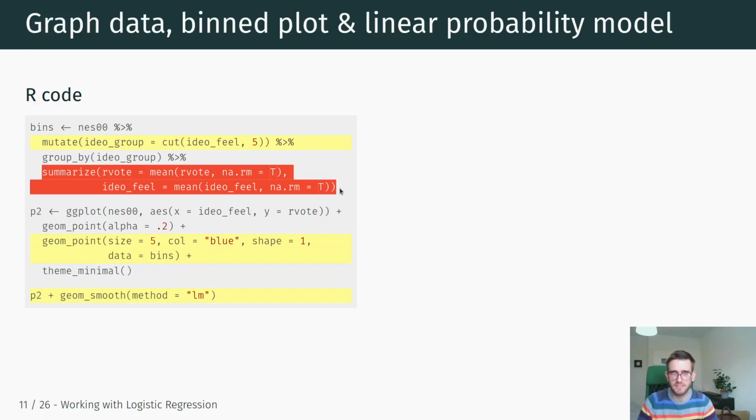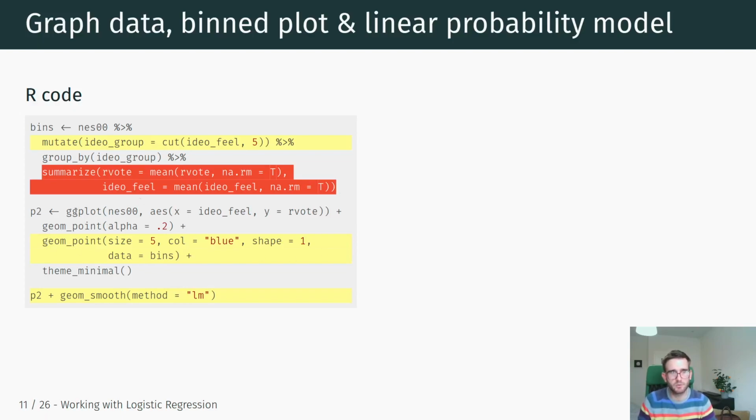And then also the average ideological feeling thermometer in each of those bins. In addition to graphing the raw data, where we have just zeros and ones, we can now add these binned proportions for groups of observations.